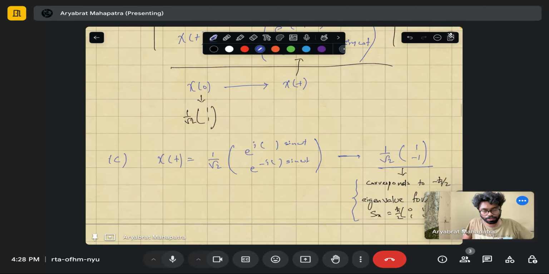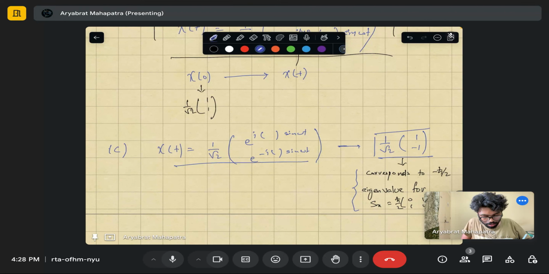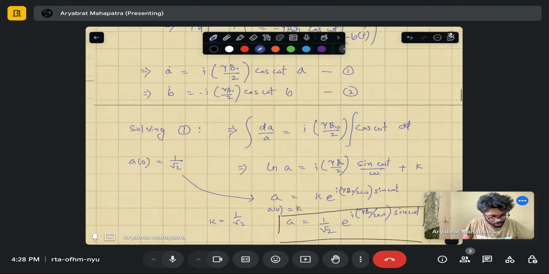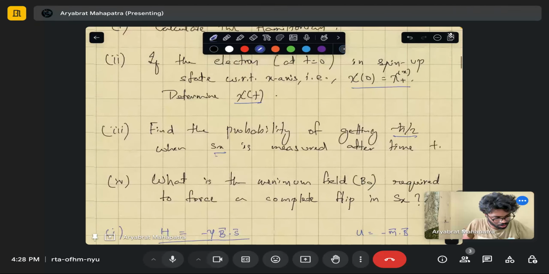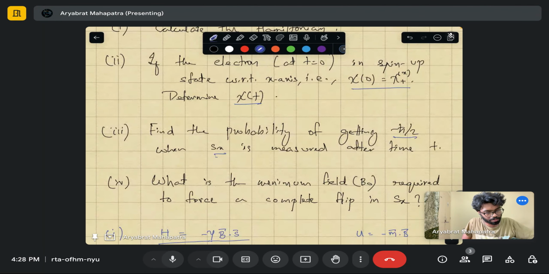Again, for estimating probabilities we take inner products. So you can take the inner product between this and this. Let me call this chi minus x.